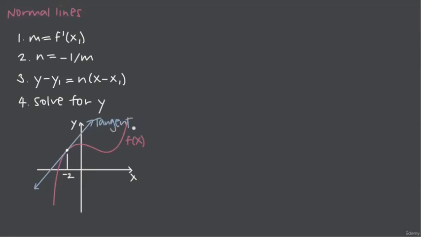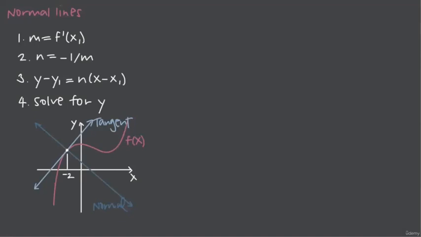We're already familiar with this tangent line idea, but the normal line is the line that is perpendicular to the tangent line at that same point. So it sits at a 90-degree angle. We'll go ahead and say that this down here is the normal line.